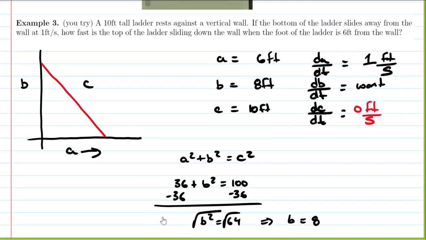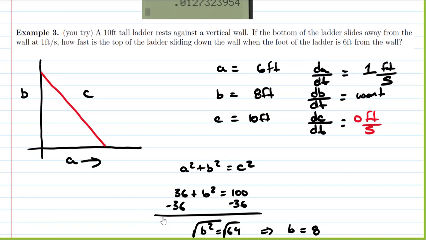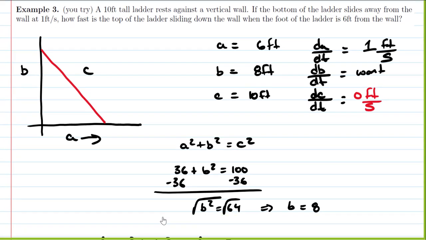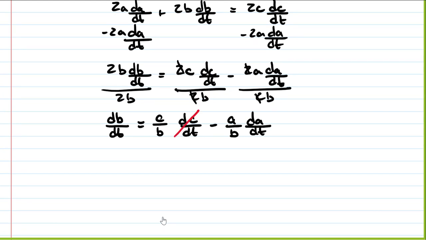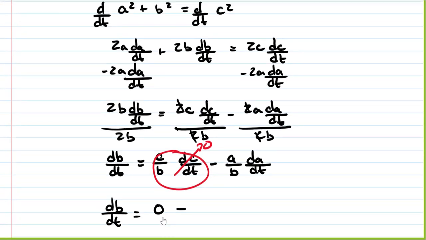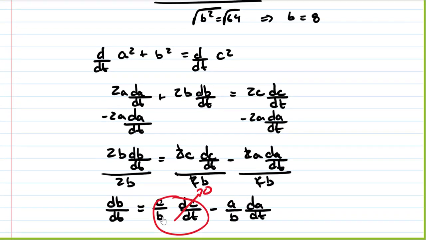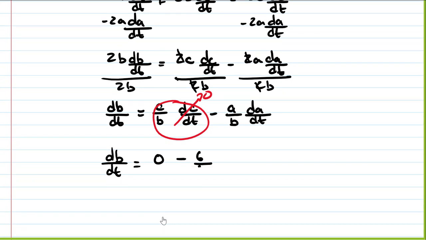So now we plug in what we know. A is 6, B is 8, C is 10, dA/dt is 1, and dC/dt is 0. So we know that this one's going to be 0, so this entire term is going to be 0. So we end up with dB/dt is equal to 0 minus a divided by b, so 6 over 8 times dA/dt, which was 1 foot per second.